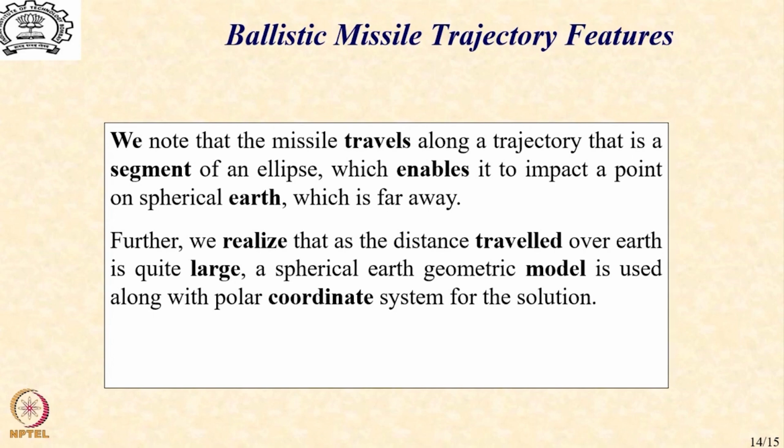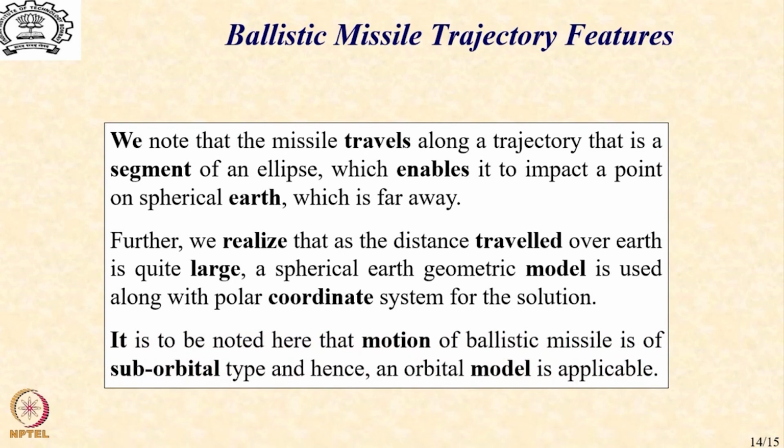We are not covering these aspects here, but there is a similarity in the two scenarios. The only point which I will mention is that the motion of a ballistic missile in relation to a spacecraft or a re-entry vehicle is suborbital type, so that an orbital motion model can also be applied to arrive at the trajectory solutions.